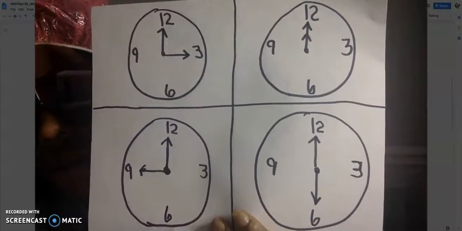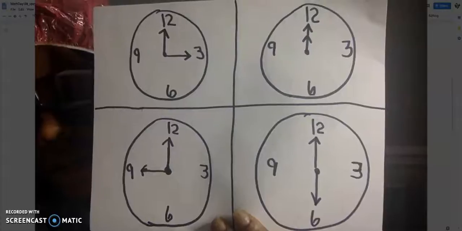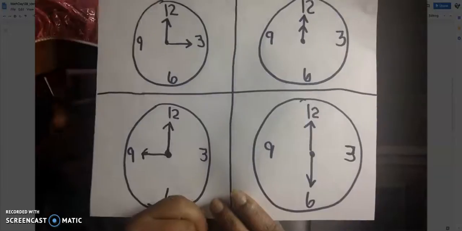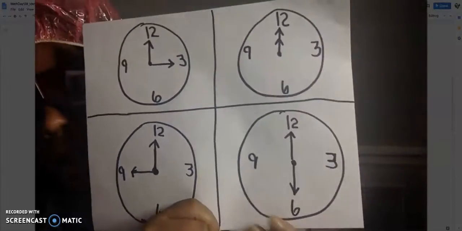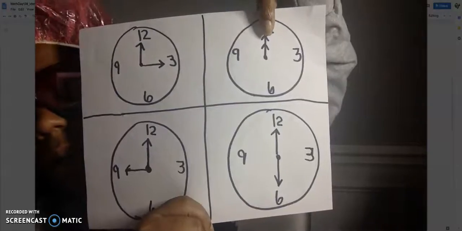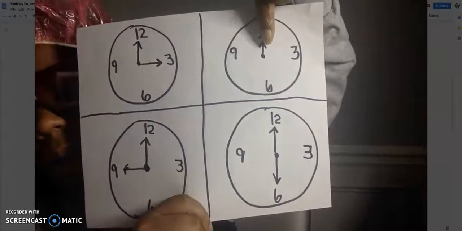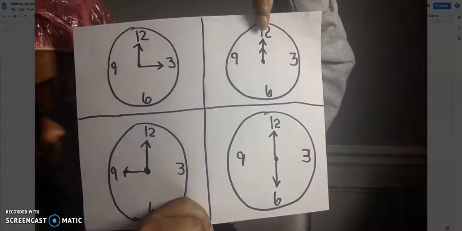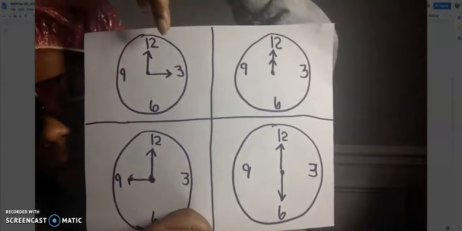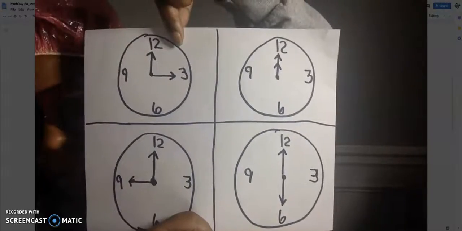Now, on the first image that I have, it's showing 12 o'clock. Now right here at 12 o'clock, we know that this is base. But when we turn it one time, we get the 90-degree angle.